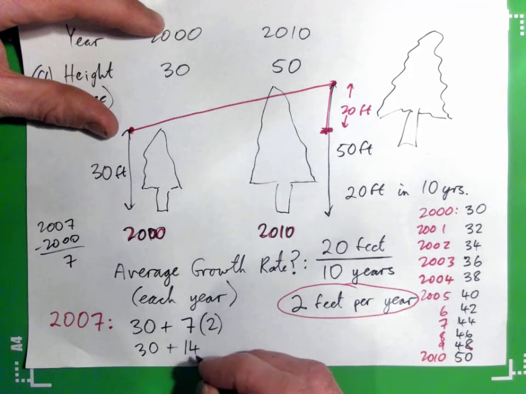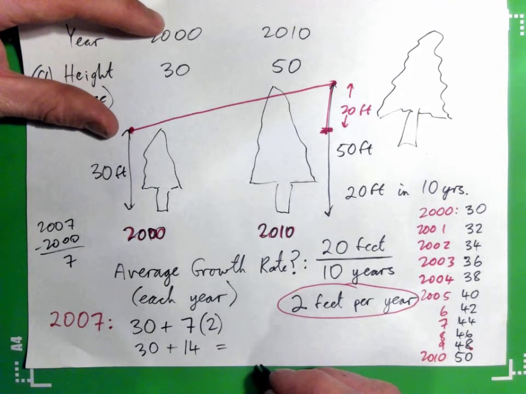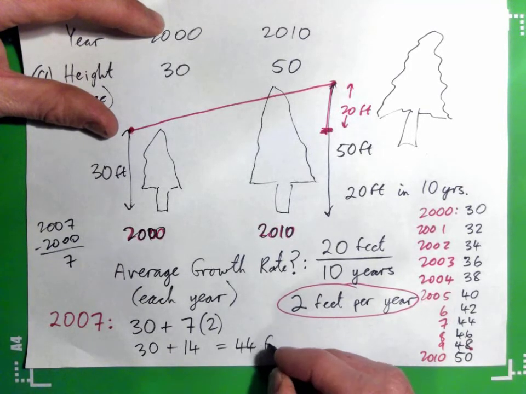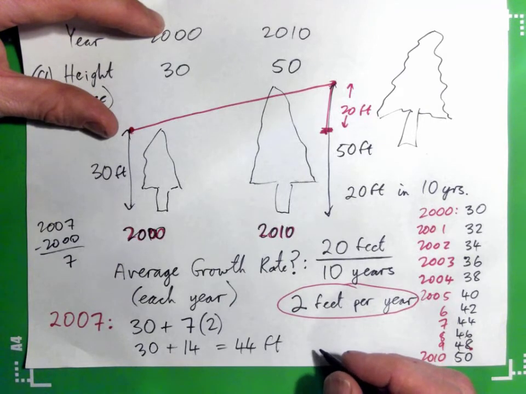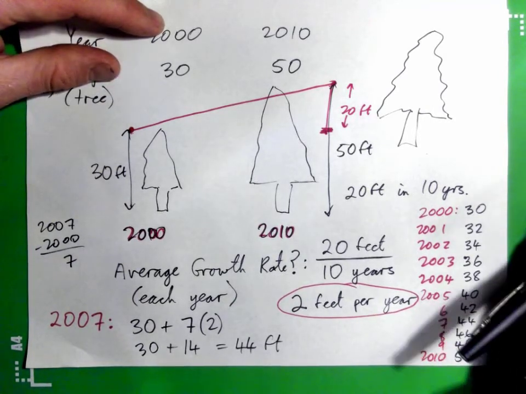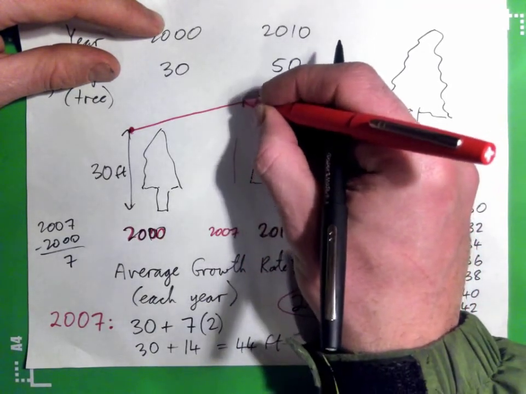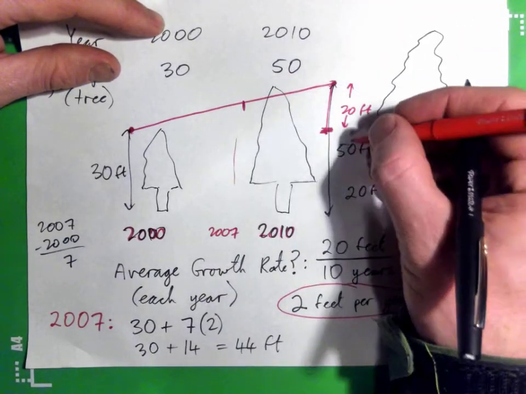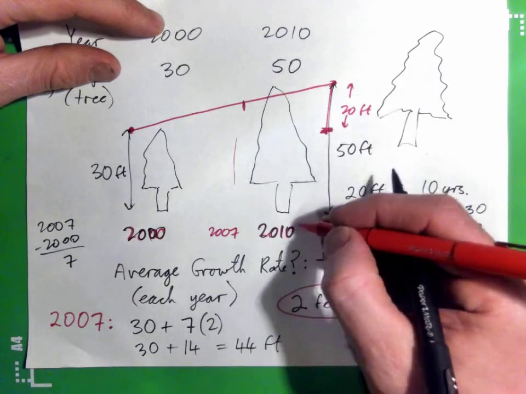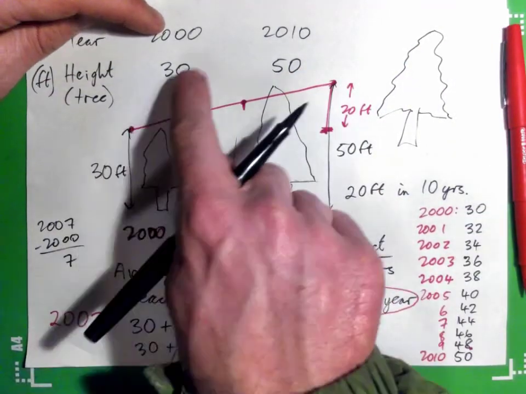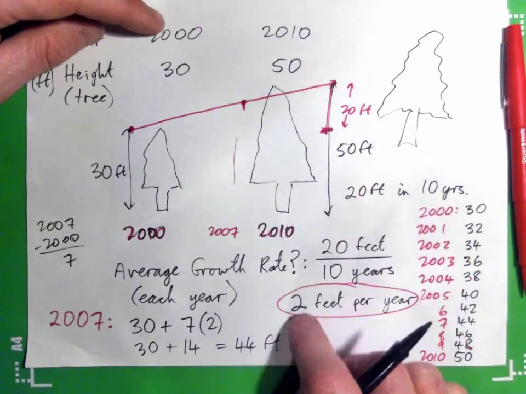Okay. 30 plus 14 is 44 feet in height, right? Does that make sense? About 2007, if we checked, it'd be about 44 feet, because it was 50 by 2010, so about 44 feet or so. It's in between 30 and 50 anyway, right? Yeah, that's correct, yeah.